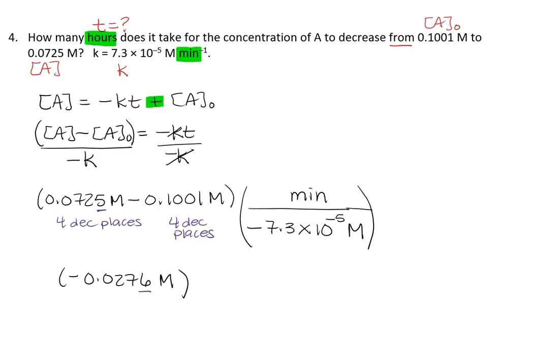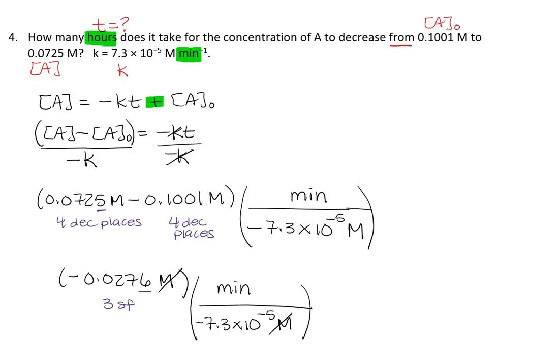That's what we need. But now that we're going to use that in this multiplication and division step, we have to count how many sig figs that corresponds to. And those 4 decimal places equals 3 sig figs. And then we'll apply that next step. So we have minutes at the top, negative 7.3 times 10 to the negative 5 molar at the bottom.